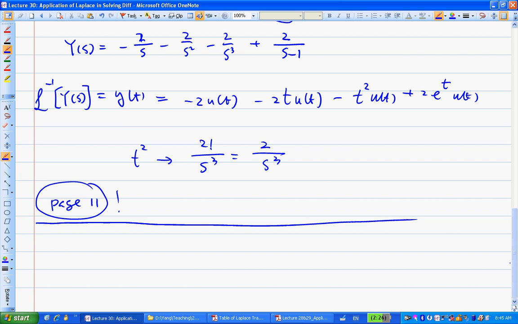In terms of solving differential equations, the last kind of application using Laplace is such a case here.